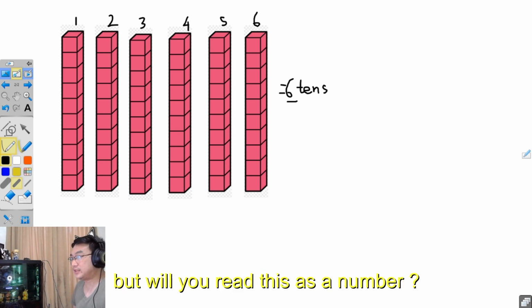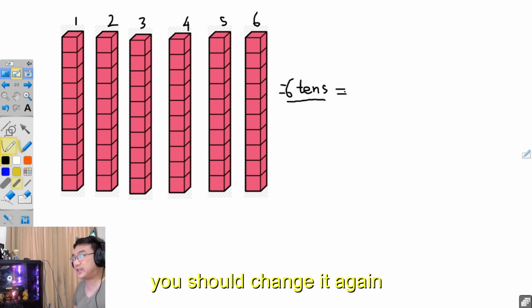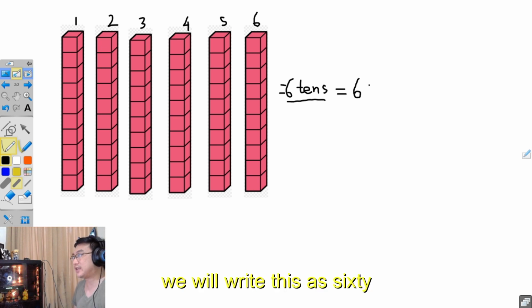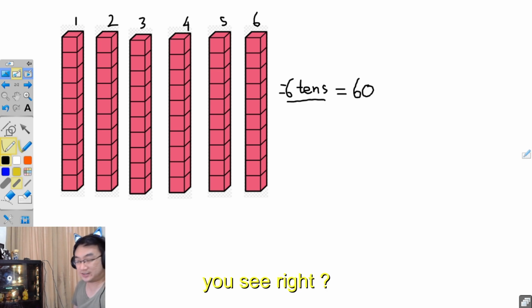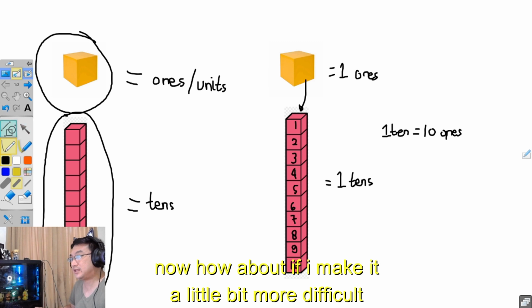But will you write this as a number? No, this is still not yet a number. You should change it again. You will write this as, yes, you write it as 60. Easy, right?